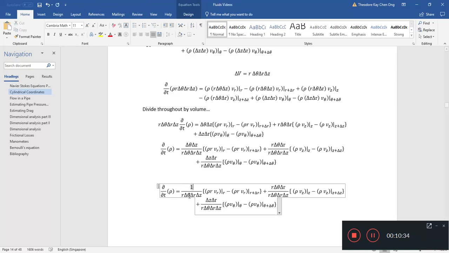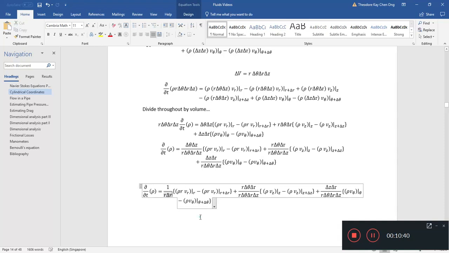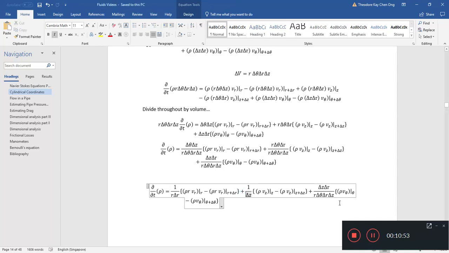So it's 1 on top, and delta theta, delta z at the bottom. Over here, r, delta theta, delta r will cancel, so that's 1 here. And this one here will cancel too: 1 on top, nothing at the bottom except r delta theta.